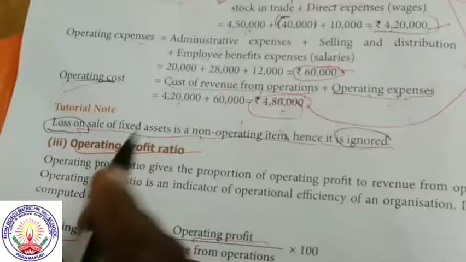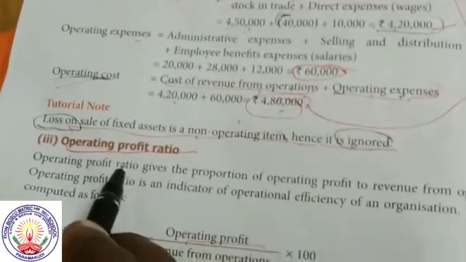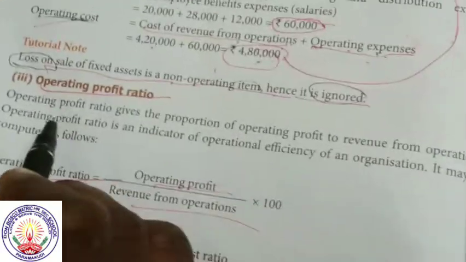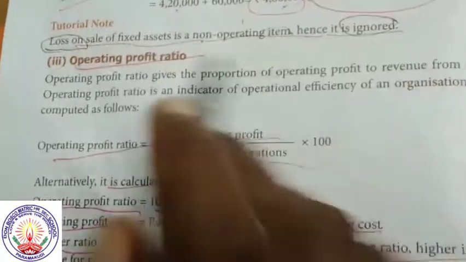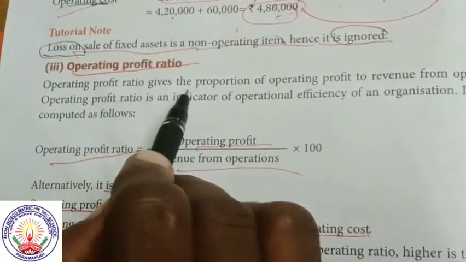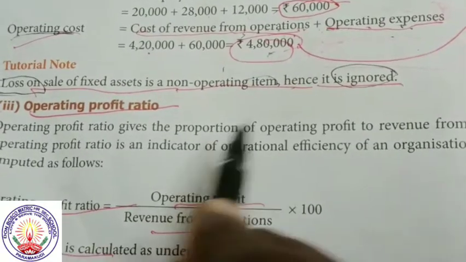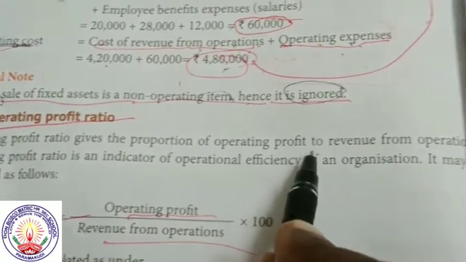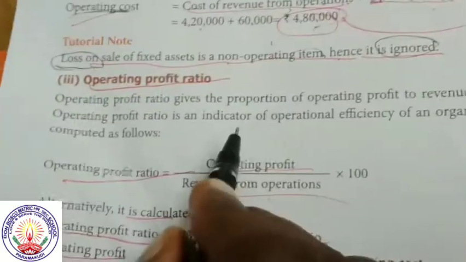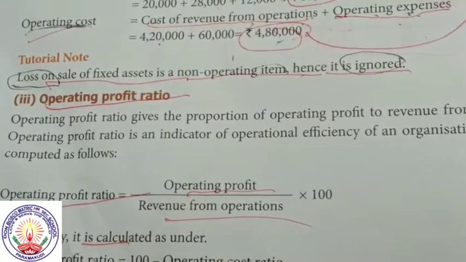Next, the operating profit ratio. Now decide the operating profit ratio. Operating profit ratio gives the proportion, meaning a certain percentage. The operating profit to revenue from operations is the indicator of the efficiency of the organization.